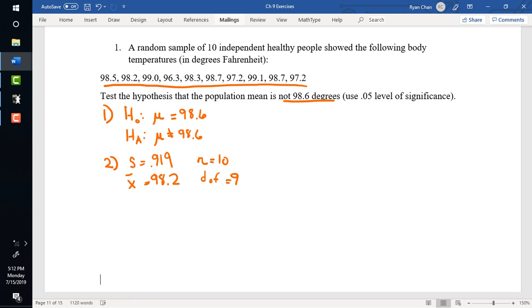So I'm going to first find my standard error, which is s over square root of n, or in this case, 0.919 divided by square root of 10.